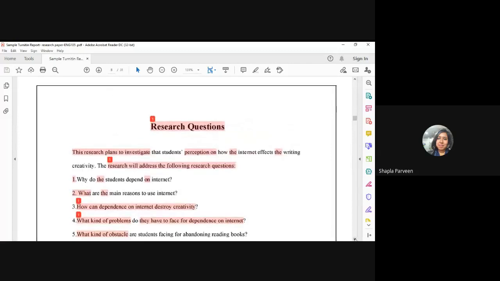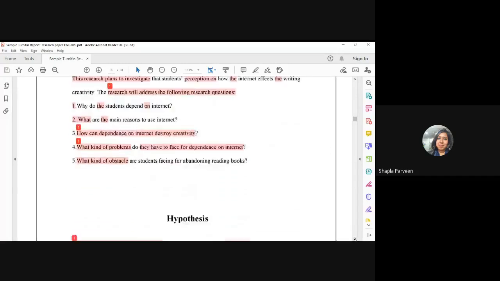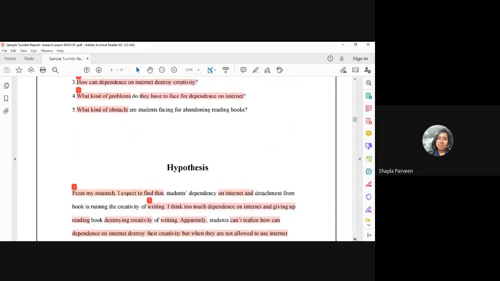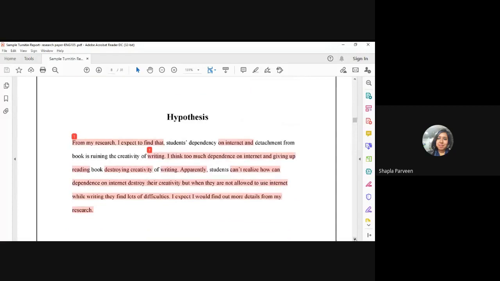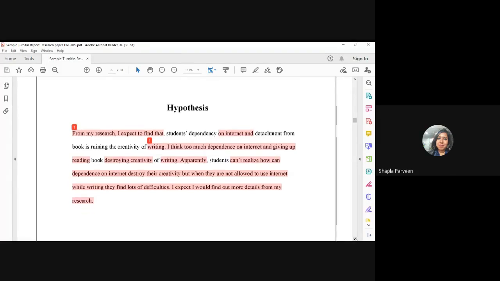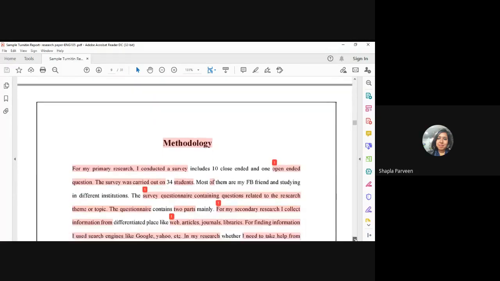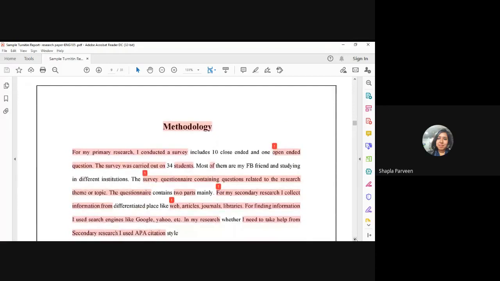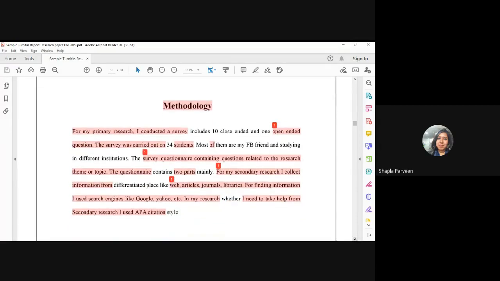Okay, and these sections can also show similarity because all of you are following the same format. Hypothesis should be different actually, because your research topic is different. Methodology can show similarity because you're probably using the same language.